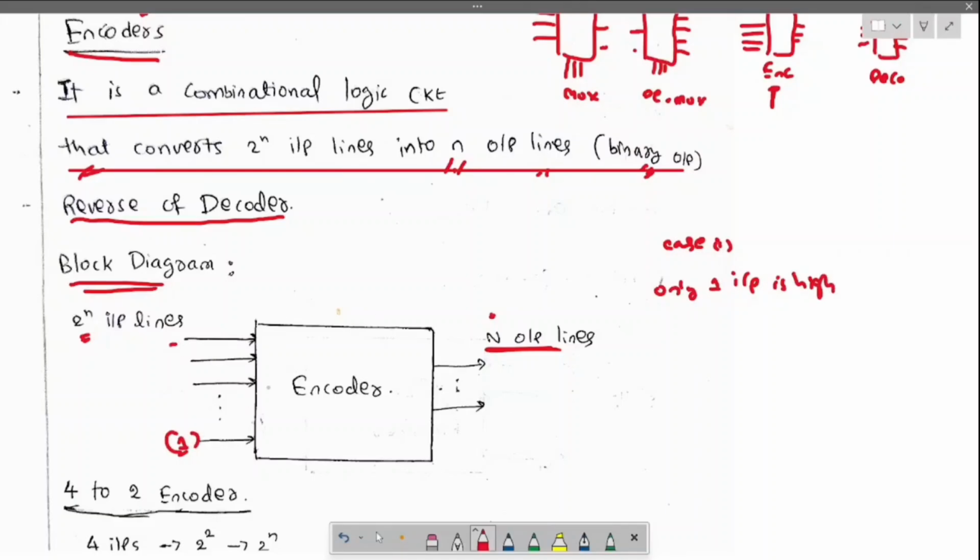The second case is when multiple inputs are high, meaning multiple inputs go to 1, like 1 1 and so on. Let us go with the first case.